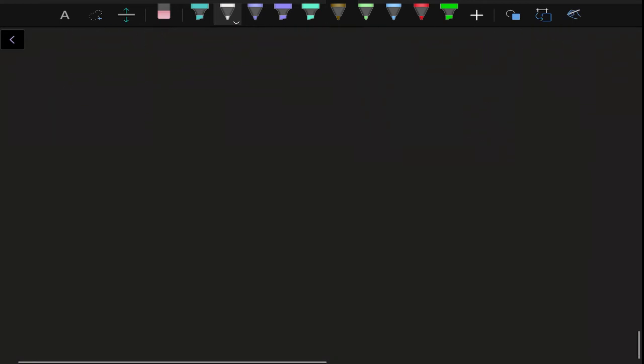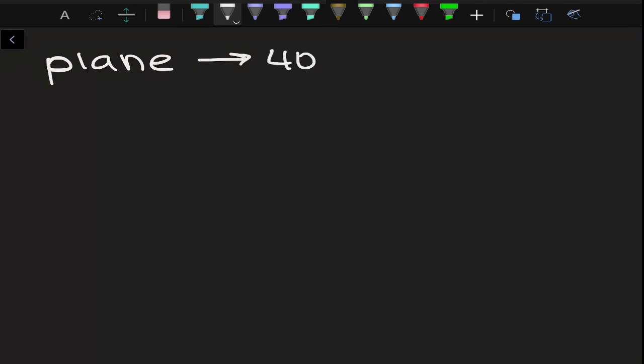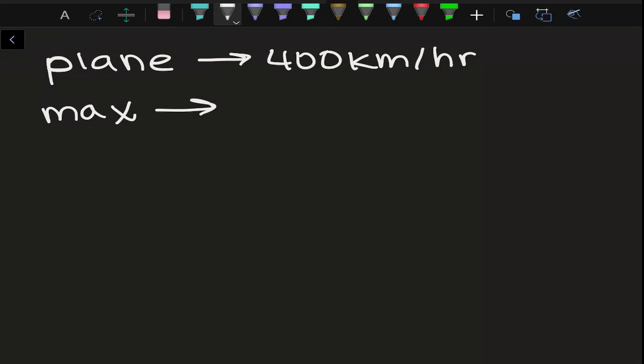In our next example, we have an airplane going at a speed of 400 kilometers per hour. Its maximum speed is 500 kilometers per hour.